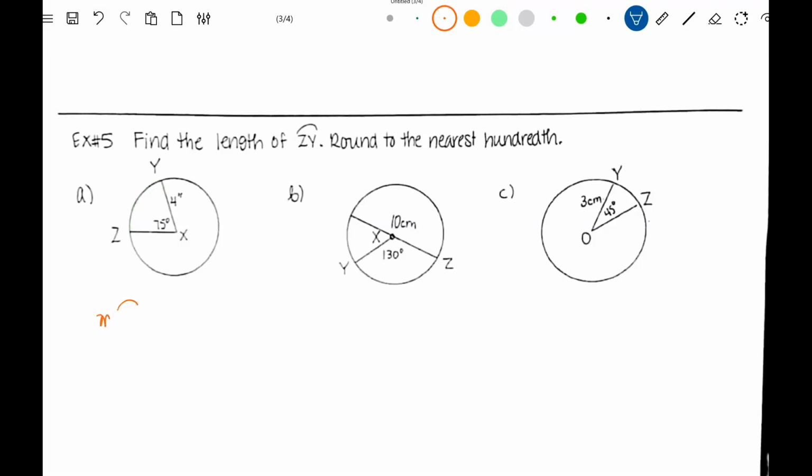So L, that's arc length, is the central angle over 360 times the circumference. The circumference of the whole circle is 2 times pi times the radius, which is 4.